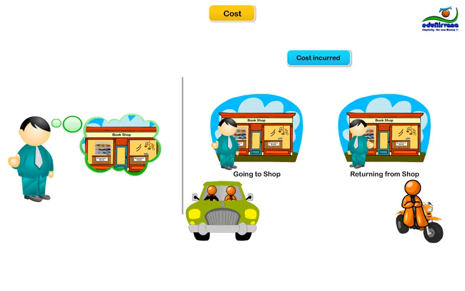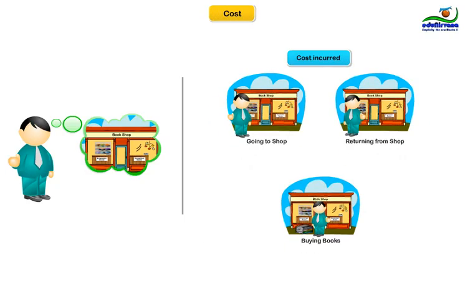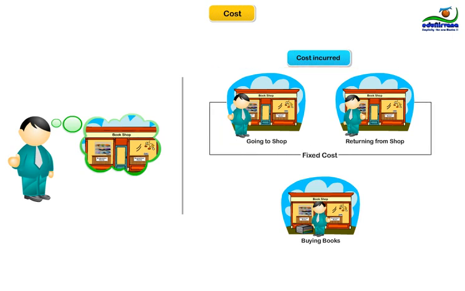And then there is the cost you incur for buying the books. The expenses you pay for going to the shop have necessarily to be incurred in order to achieve your objective of buying books. And even if you decide not to buy any book, that cost is incurred. This is the fixed cost.